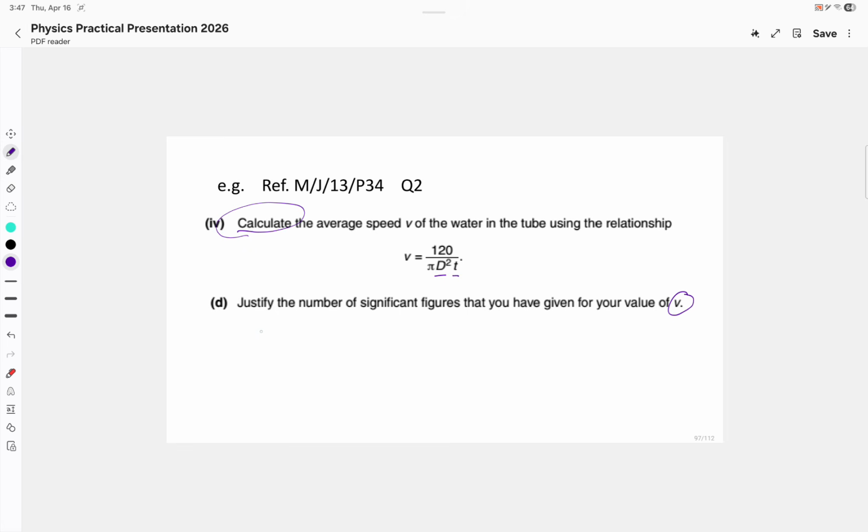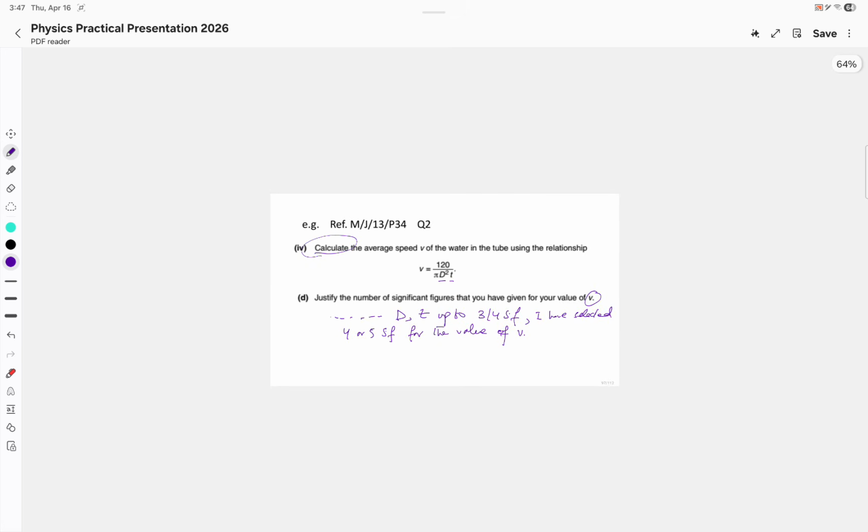Again, you can say, since I have measured the d and t up to 3 or 2 or 4 SFs, whatever the SFs you are using according to the instrument provided, I have selected 4 or 5 SFs for the values of v. Okay, this is how you're going to write the justification.